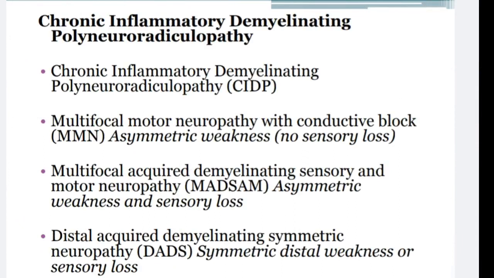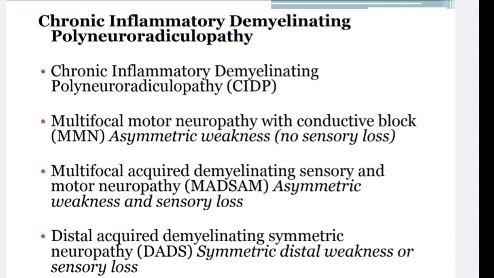The chronic form of GBS is chronic inflammatory demyelinating polyneuropathy, CIDP. It also has variants like multifocal motor neuropathy with conduction block, MMN, multifocal acquired demyelinating sensory and motor neuropathy, MADSAM, or distal acquired demyelinating symmetric neuropathy, DADS.